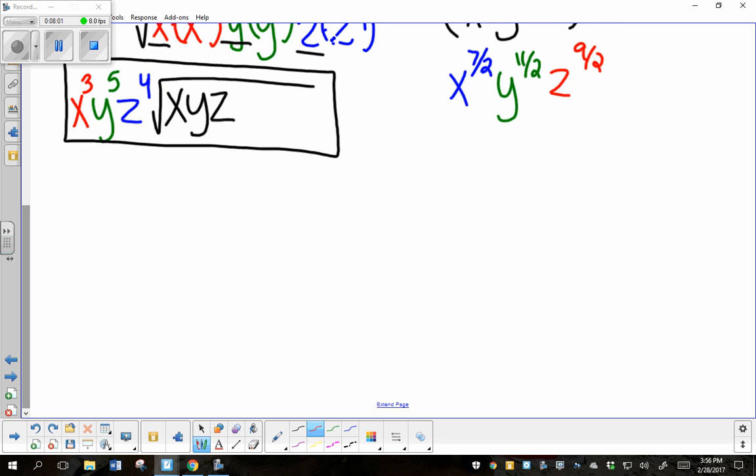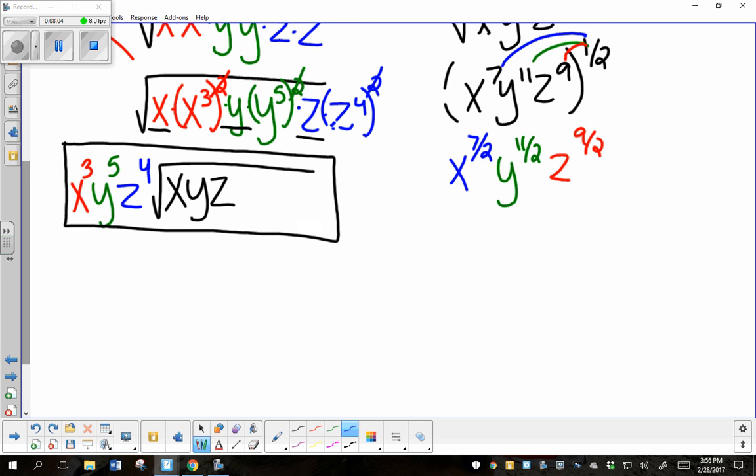Then maybe I could write those fractions as mixed numbers to help me see it a little better. So this is x to the 3 and 1/2. This is y to the 5 and 1/2. And then this is z to the 4 and 1/2, right?